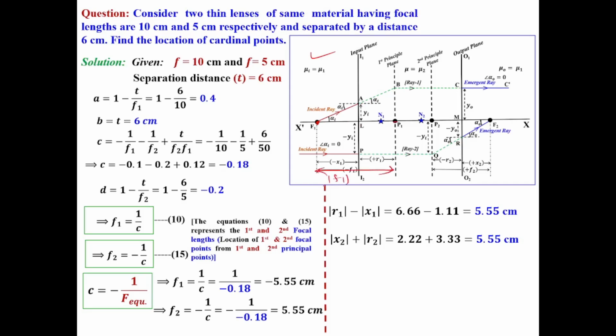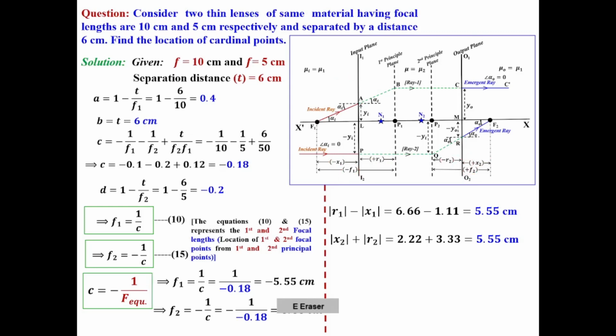This f1 magnitude is this one, and in this figure this one is f2. Now we are going to validate, is it true or not? Following this figure, the f1 magnitude is nothing but the R1 magnitude and x1 magnitude, and f2 magnitude is nothing but x2 magnitude plus R2 magnitude.